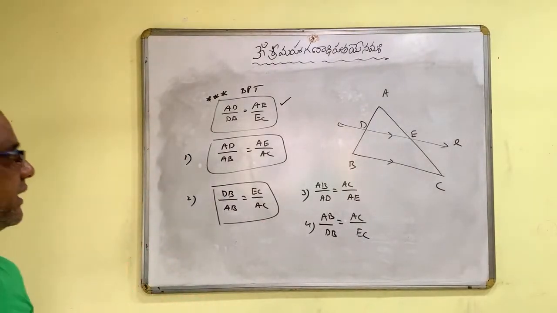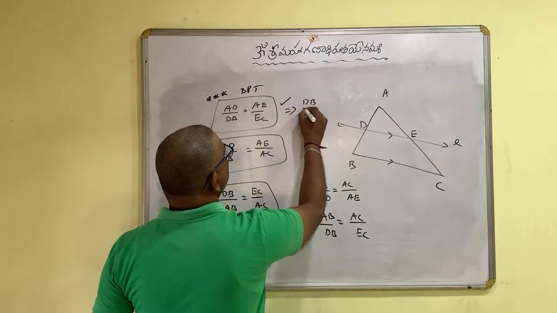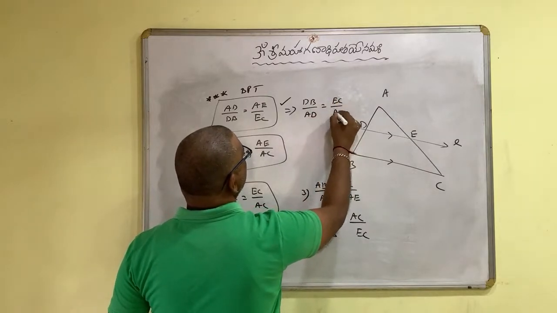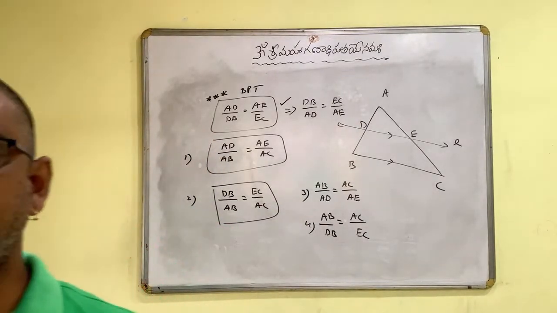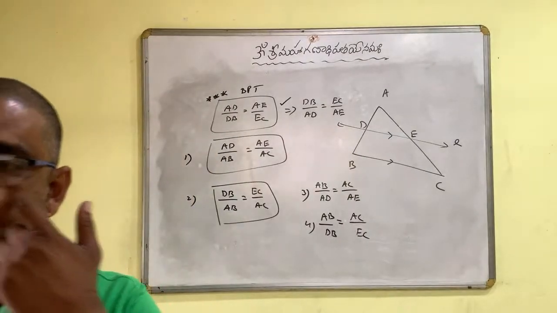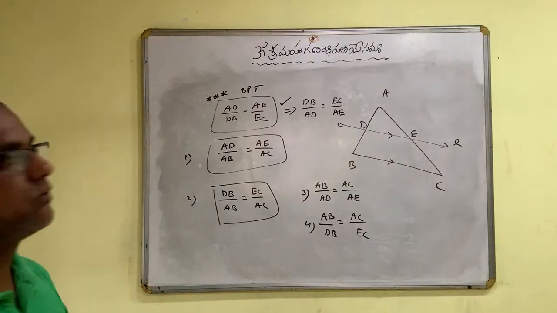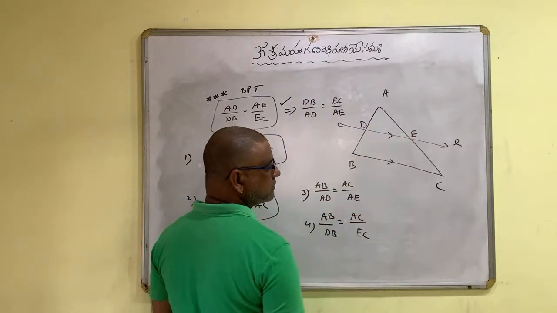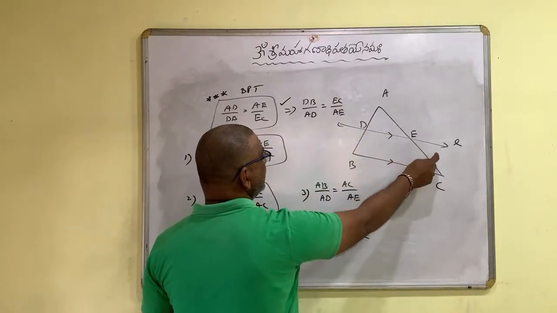Even for this one, DB by AD equals EC by AE, the inverse ratio of BPT, is also equal. Look, there are 6 statements in total. Try to observe these 6 statements in the figure. First one, AD by DB equals AE by EC, and then inverse, DB by DA equals EC by AE.